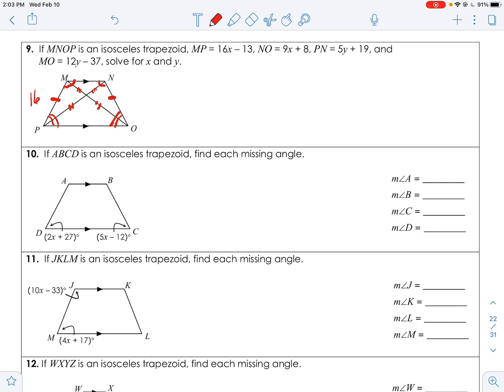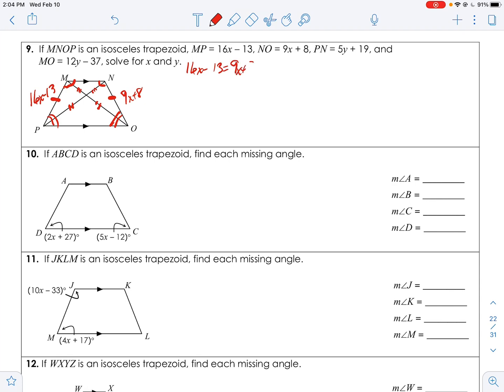So, if MP is 16x minus 13, and NO is 9x plus 8, and PN all the way across the diagonal is 5y plus 19, and MO all the way across the diagonal is 12y minus 37, solve for x and y. Well, one set is the x's, that's the outside sides.